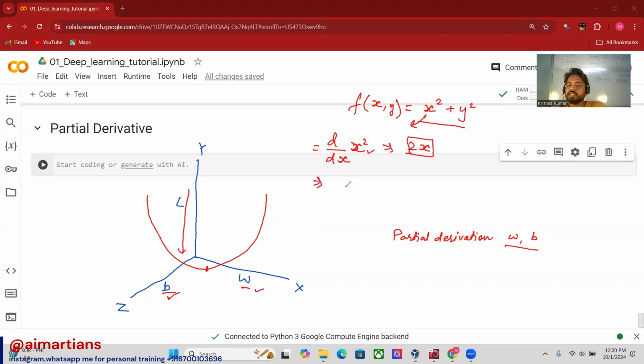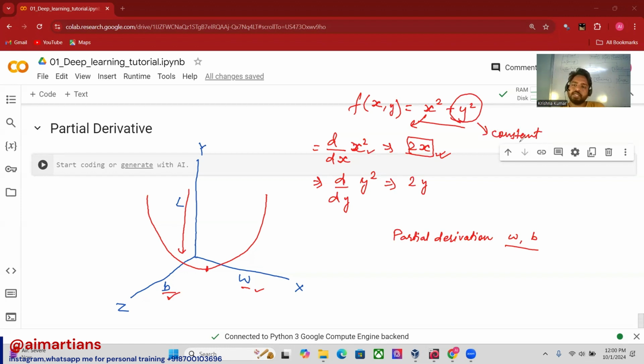Whereas if somebody asks me to calculate the derivative with respect to y, I will say y square, and again the 2 will come in front of it and a y would be there. In this expression I did not consider x square; I considered it as a constant, and the derivative of a constant is 0.